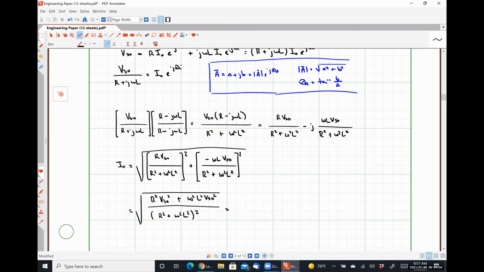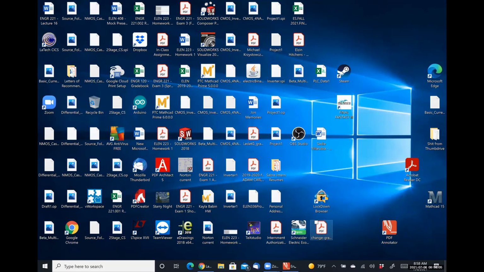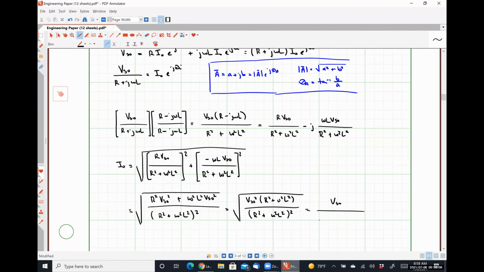And I can group terms together, leaving me with Vs naught squared times R squared plus omega squared L squared divided by R squared plus omega squared L squared, quantity squared, finally giving me Vs naught divided by the square root of R squared plus omega squared L squared.